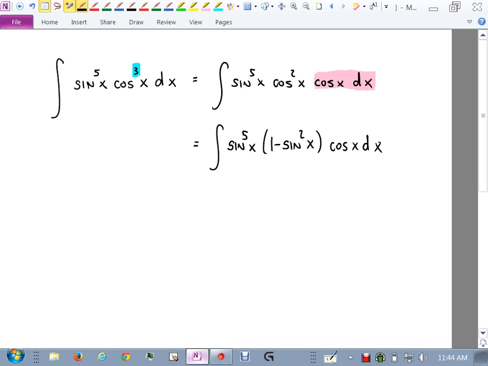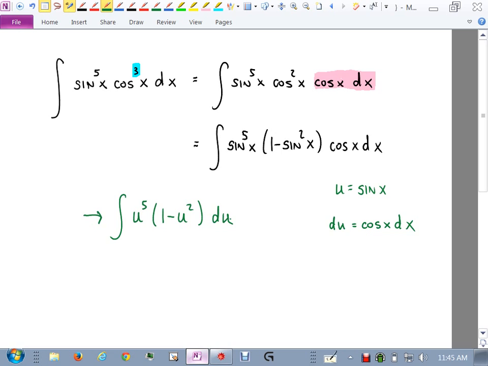At this point, I can make my substitution. U would be sine x. Du is exactly cosine x dx. So I have a perfect match, don't I? Which means I can rewrite the integral as u to the 5th times 1 minus u squared times du.